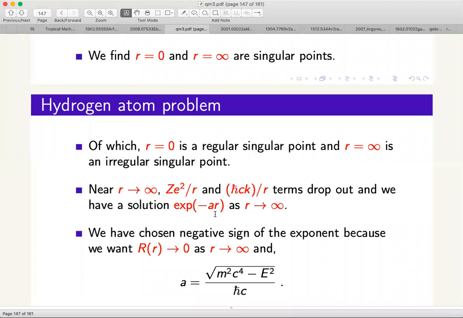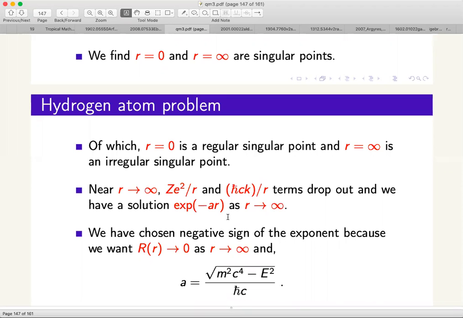Contrast that with a behavior where, as r goes to infinity, the function goes as r to some power n. Then that also diverges, of course. Suppose n is equal to, say, 7. Then it goes as r to the 7. But after taking 7 derivatives, the 7th derivative is finite, and all other derivatives just go to 0.